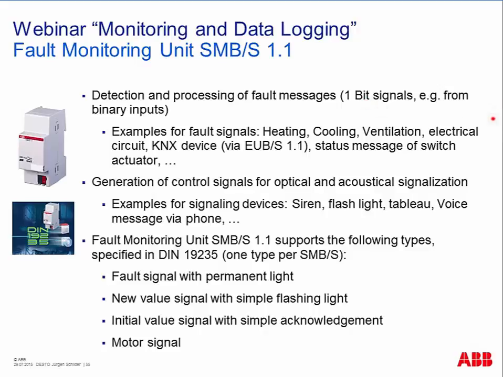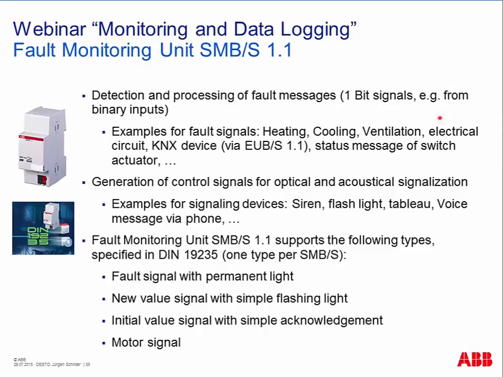For example, from any fault contacts linked to binary inputs in our KNX system. Very typical situation. So we need, of course, external sensors to collect all these fault messages. The device itself is only logic, intelligence, but no in and outputs. And if you look about fault signals in a building, think about any heating, cooling solutions, compressors, ventilation, fresh air has come into the room.